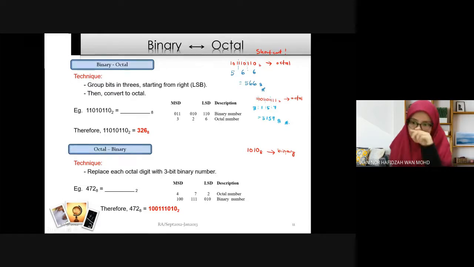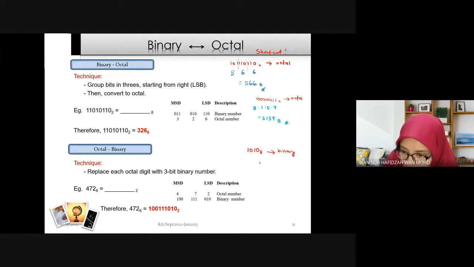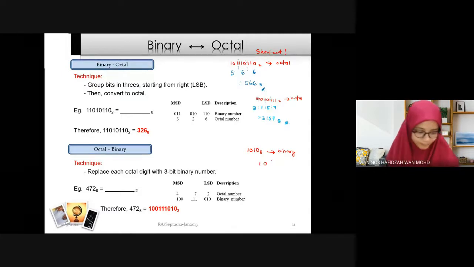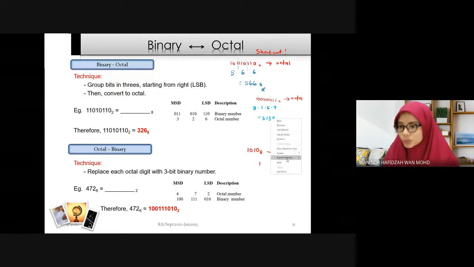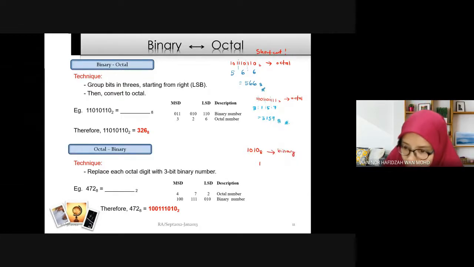Okay. So what we need to do is, I buat jarak sikit supaya kita boleh letakkan each of 3 bit tu. 1010. Okay, 8 kan? Okay. So we convert each of these digit into 3 bits.